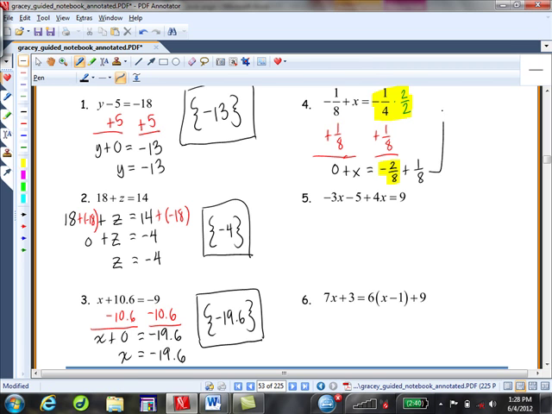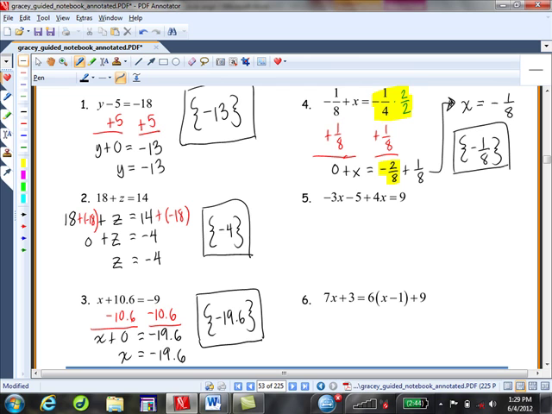And then coming up here, we will have x is equal to negative 1/8. So we'll put that in. What's that notation called? Good, roster notation. Alrighty.